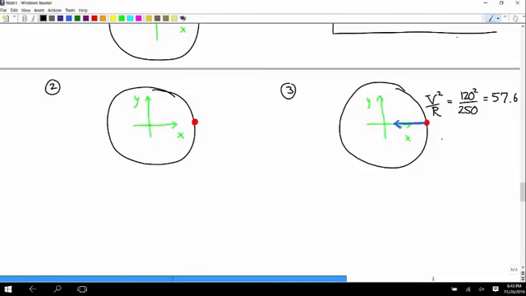So we already know what the centripetal acceleration is. It has a magnitude of 57.6. It's pointing in the negative x direction, so this is going to be negative 57.60. It's in SI units, so that would be in meters per second squared.